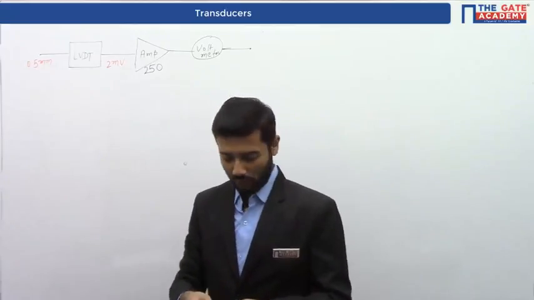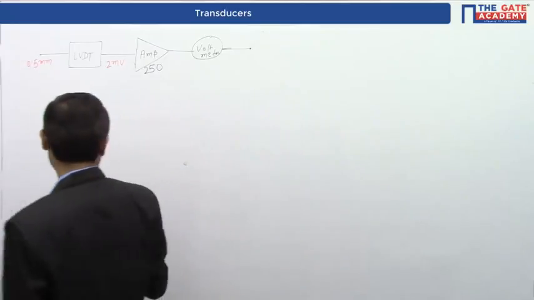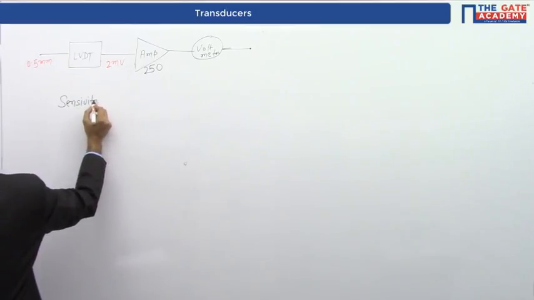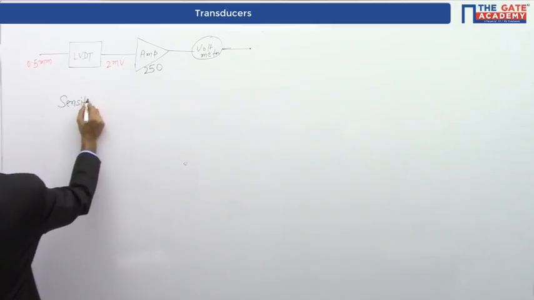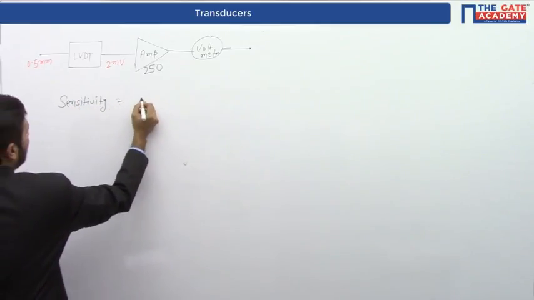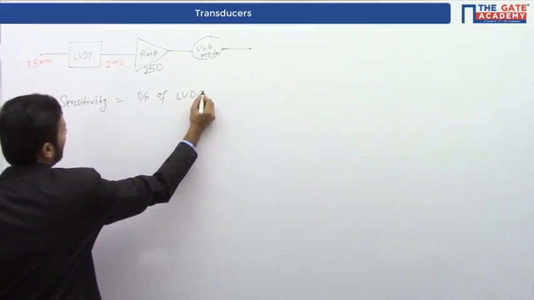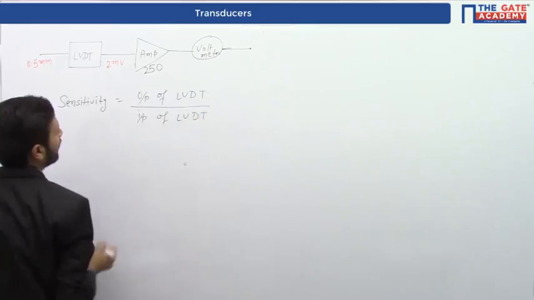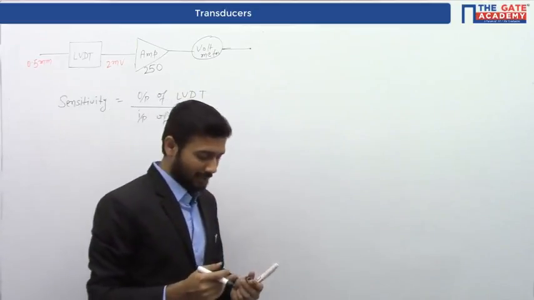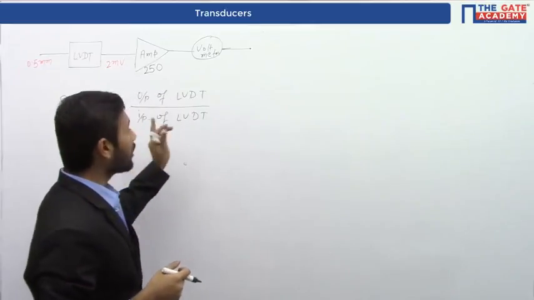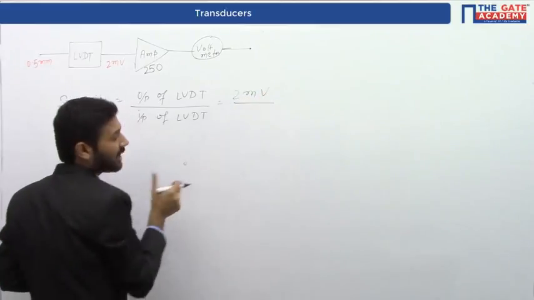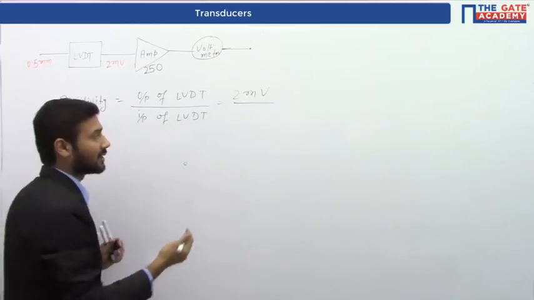So in our case, for this LVDT, as per our given data, the output of the LVDT is 2 millivolt and the input is 0.5 millimeter.